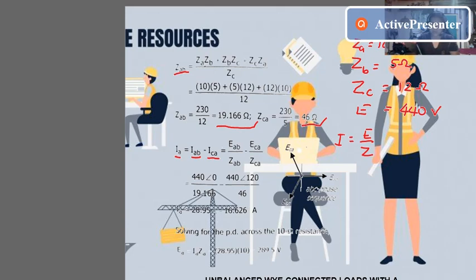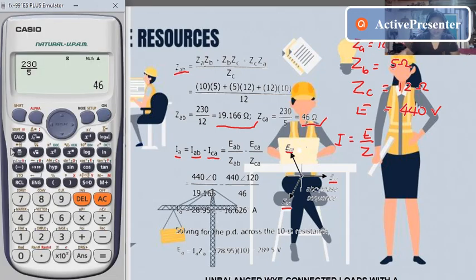Take note, the problem says ABC phase sequence. So our angles will be for EAB, ECA, and EBC. Solving for our current along A, we have 440. We need to convert first to complex.